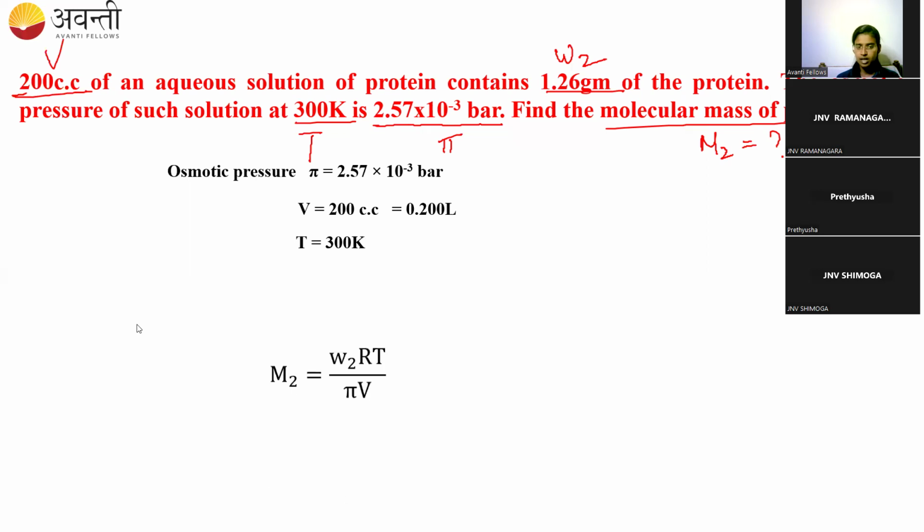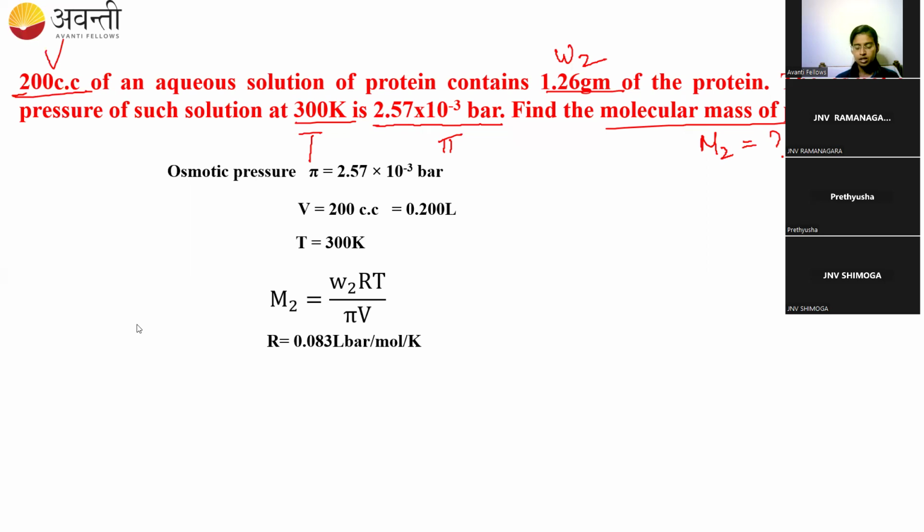Now take our formula, M2 is equal to W2 RT by pi V, in which R is a constant. In terms of bar liter, the R value is 0.083, the constant you have to use if the other terms are in bar.